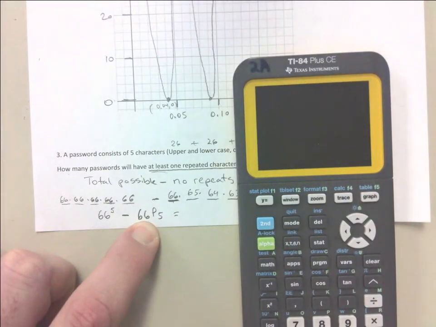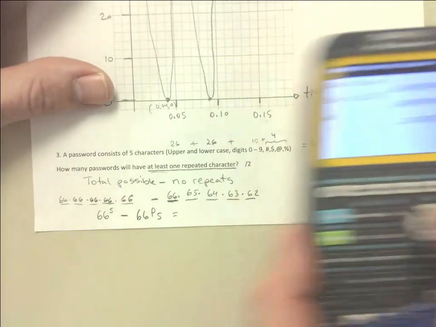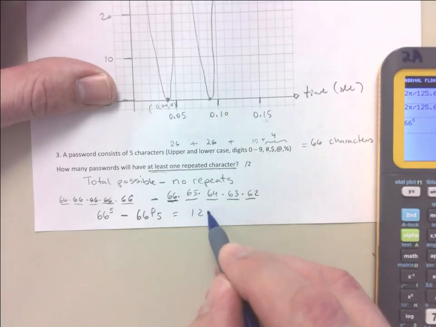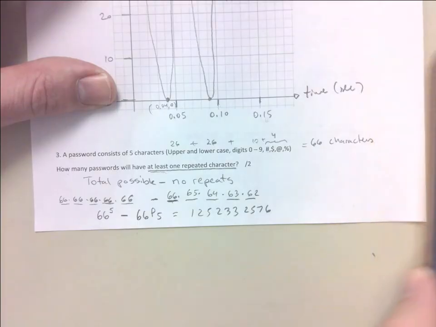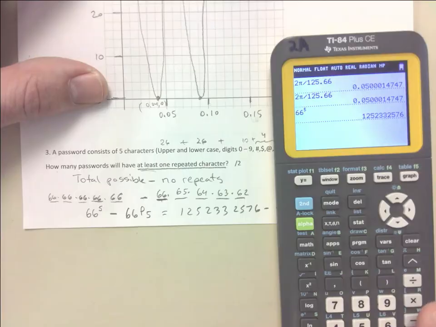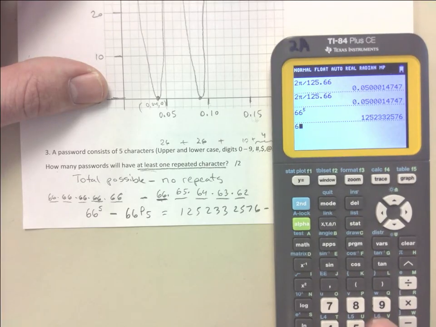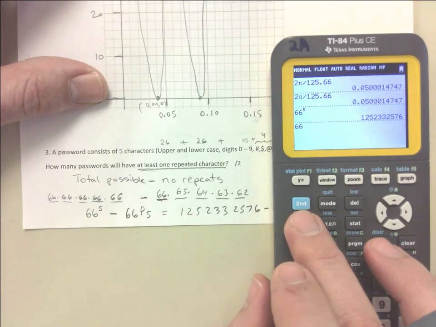So let's see if we remember our calculator entries for this one. I'm going to go 66 to the power of 5. You know what? Yeah, I'll use that. 1,252,332,576. Minus. You go 66. Do you remember how to get your P or your C?